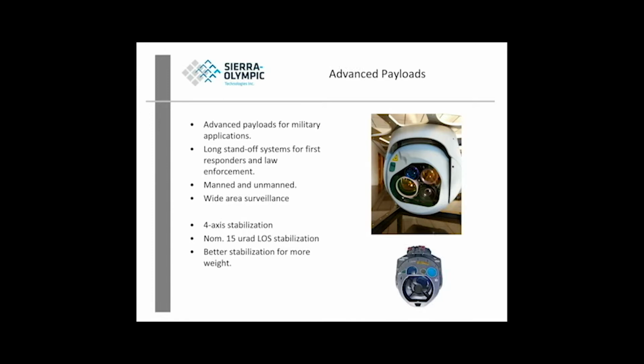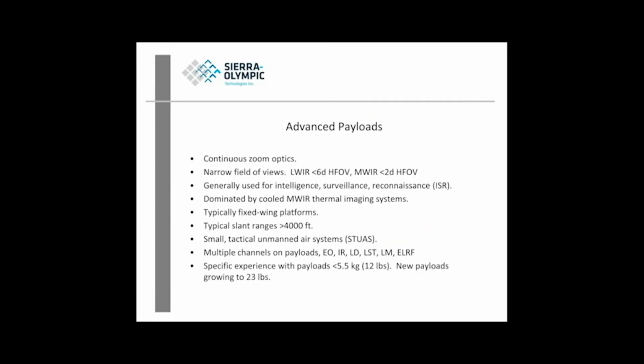Heavy systems, the 100-pounders, have 5 microradians or less line of sight stabilization. So most of them are continuous zoom optics. For the small aircraft, long wave can get down to 6 degrees, midwave can get down to 2 degrees. The advanced payloads are dominated by midwave systems.